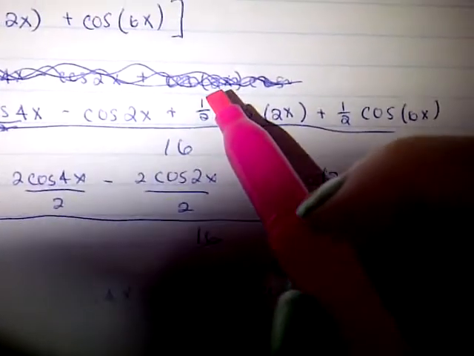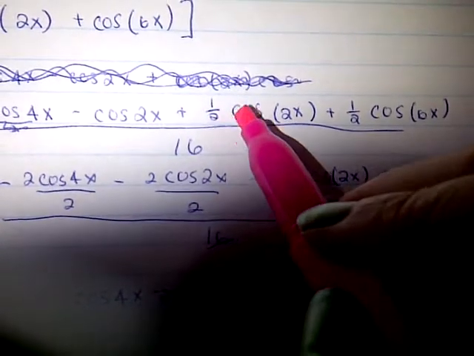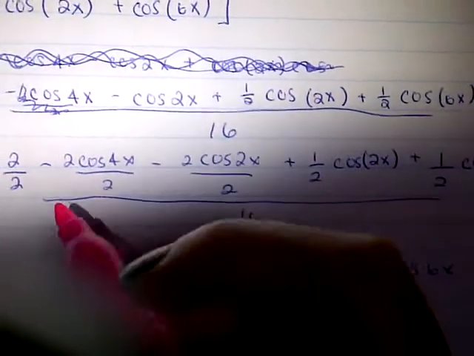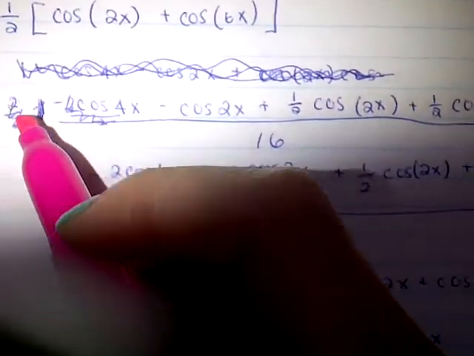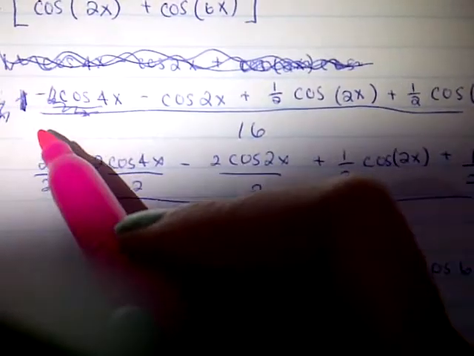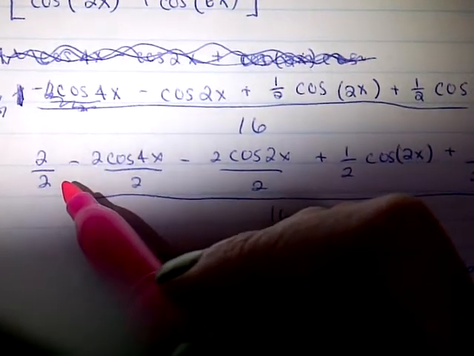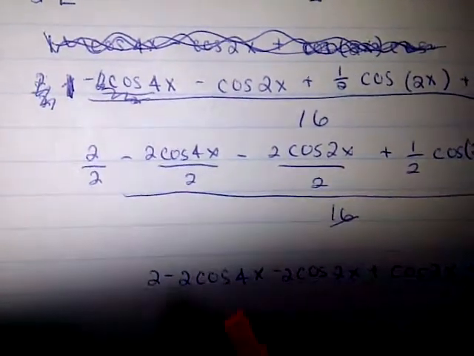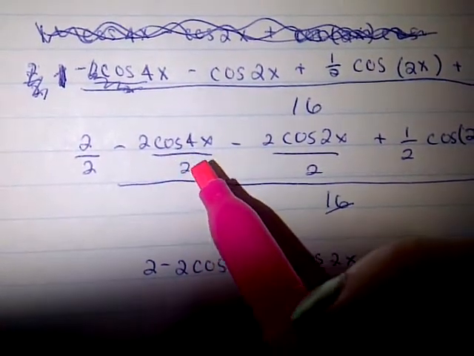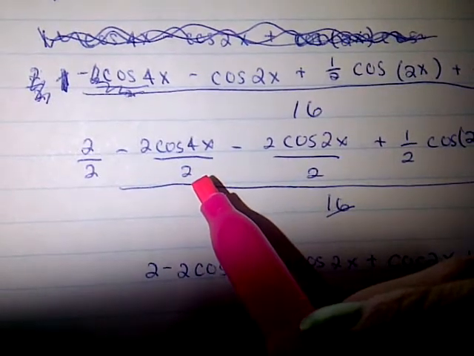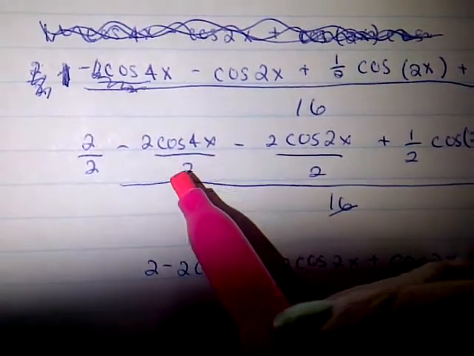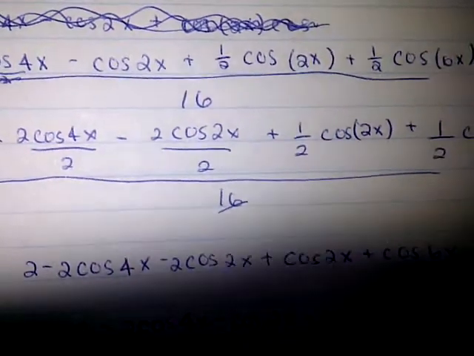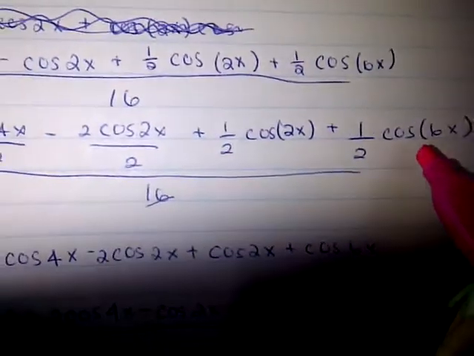Next, you'll notice that the 1 over 2 has a denominator of 2, so you have to change this whole part to make it all have a denominator of 2. So 1 will be 2 over 2, and cosine 4x will be 2 times cosine 4x over 2, and then the same thing with cosine 2x, and this will be kept the same.